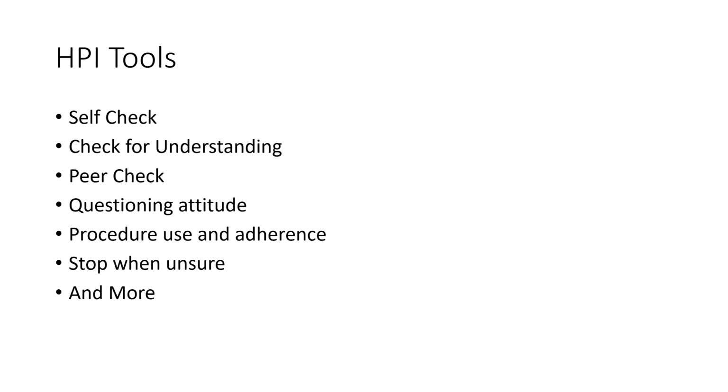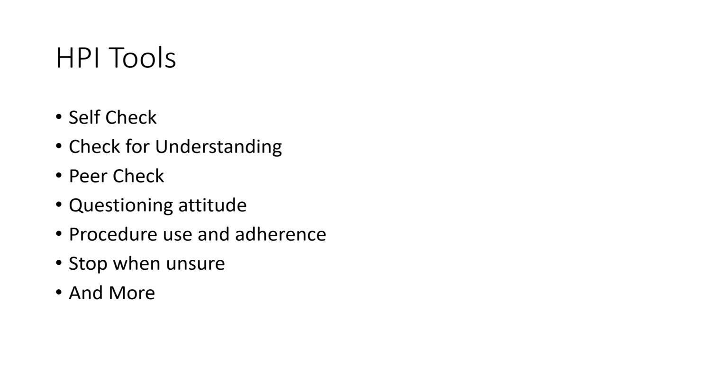So then when you look at HPI, human performance improvement, there are specific tools, and this list can be incredibly varied. The list I have here is not exhaustive. Depending on the organization or the school of thought, you can have many different HPI tools.